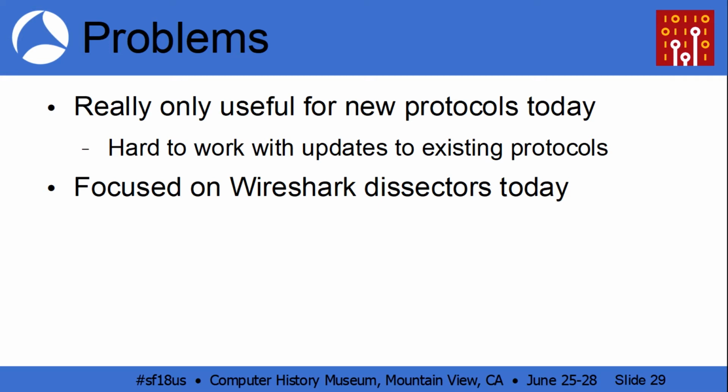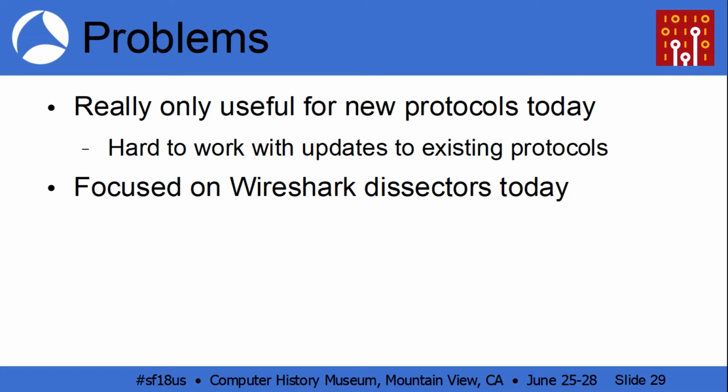And it's focused pretty much on Wireshark dissectors. I haven't gotten around to things like handling preferences, because Wireshark gives you the ability to do preferences. It gives you the ability to keep state information. I haven't gotten around to thinking about how to deal with state information, which would be very useful for Wireshark.